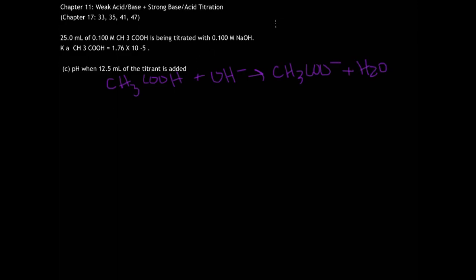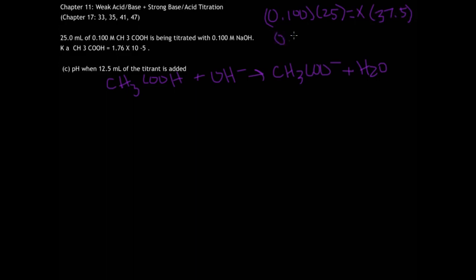You need to do the dilution. It's 0.1 molar acid, 25 milliliters, equals new molarity. What is the new volume? Well, 25 milliliters of acid plus 12.5 milliliters of base is 37.5 milliliters.